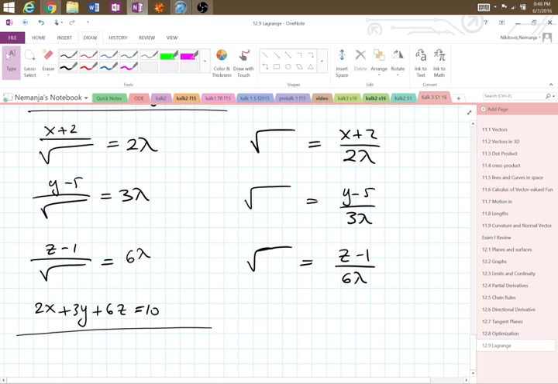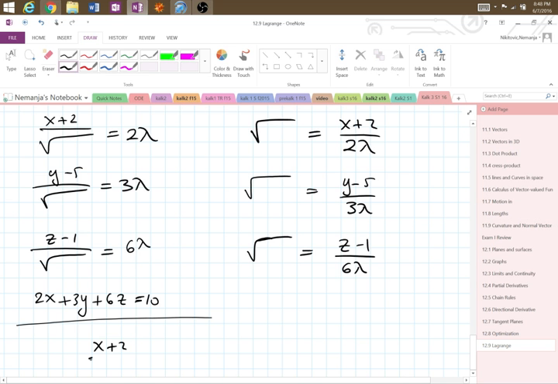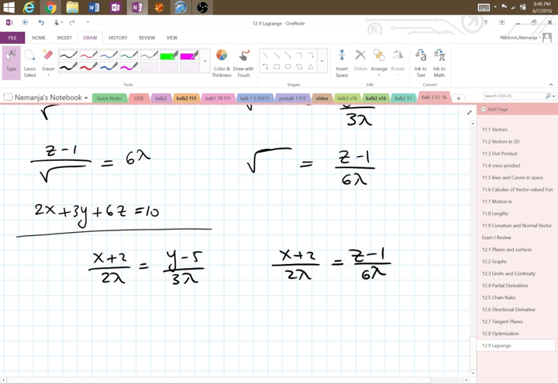And now by equating these, we get x plus 2 over 2 lambda is equal to y minus 5 over 3 lambda, and x plus 2 over 2 lambda is equal to z minus 1 over 6 lambda. If you pay attention, the lambdas die. So we are left with equations fairly simple to solve.